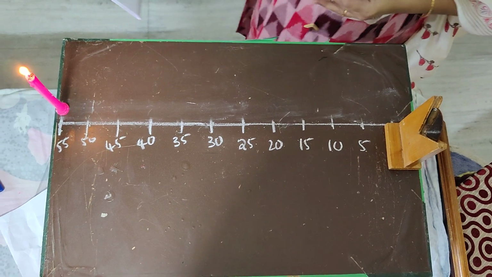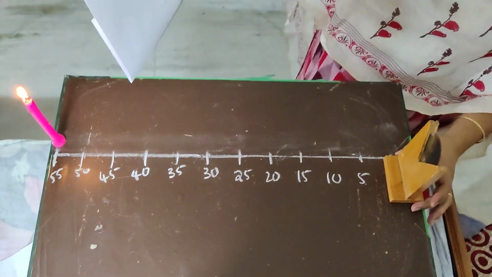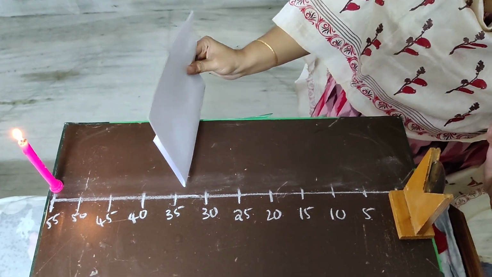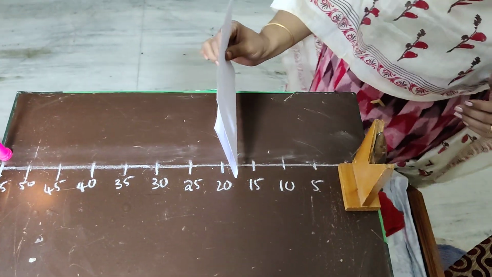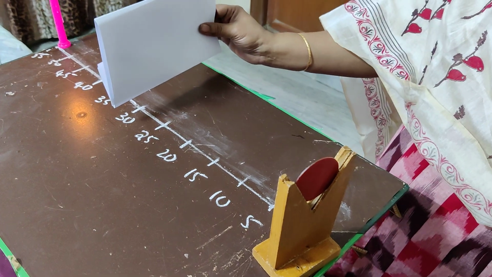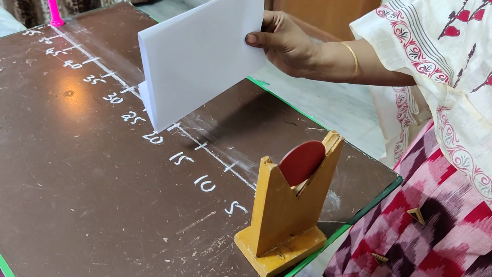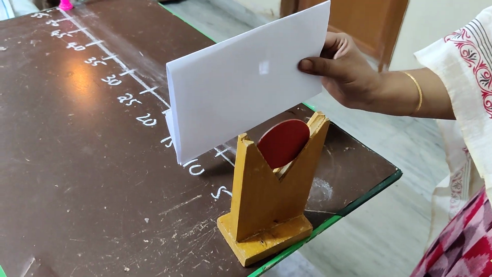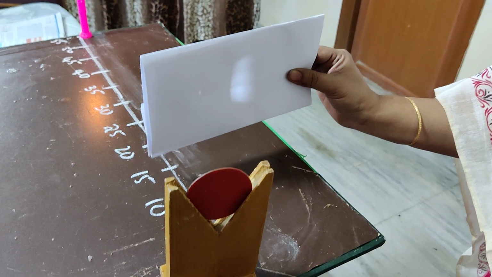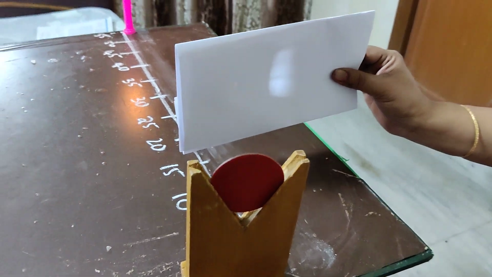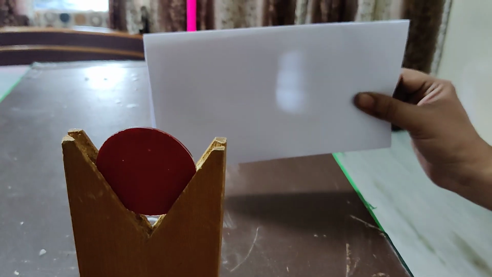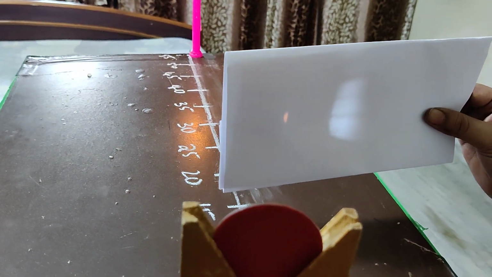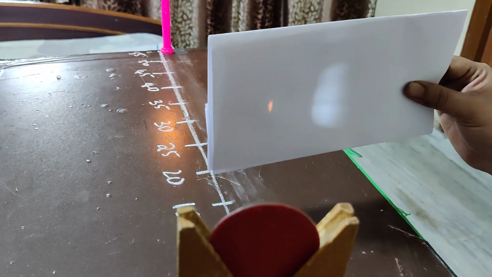Now by using this screen I will find out where we'll get the image. You have to adjust the screen, this one. So when you place it, you can observe the tip of the flame on the screen at a distance of 15.